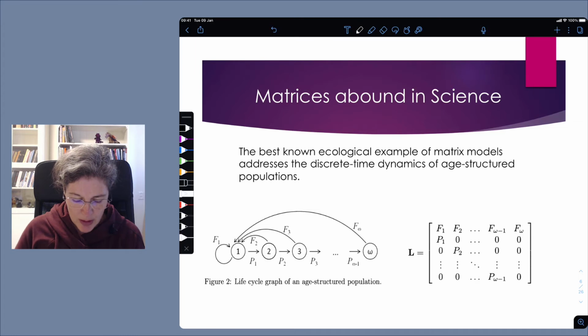So if we draw a diagram, you'll see that if an individual starts in population 1, then a year later it will go into the second year category, it'll go into year 3, and so on.